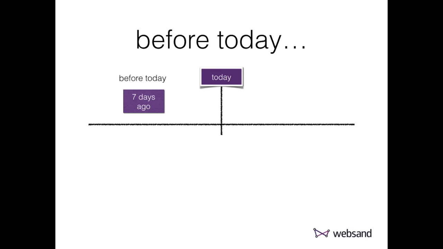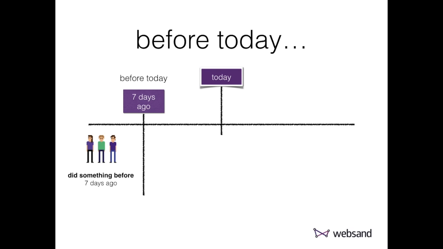We're drawing a line before today. And in this case, it's 7 days ago. So let's say that we're interested in looking at people who've done something more than 7 days ago. Again, we can create a rule that is all around before today and identify those people that did something before 7 days ago. There you go.